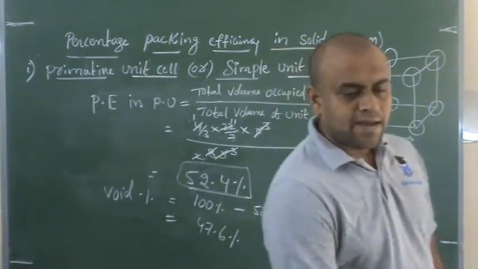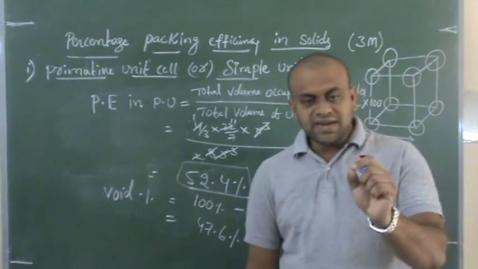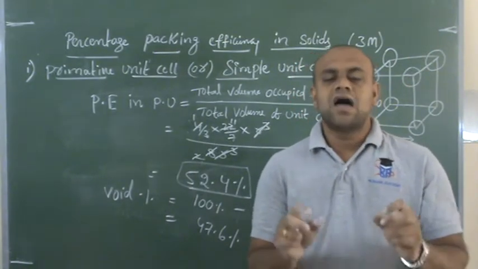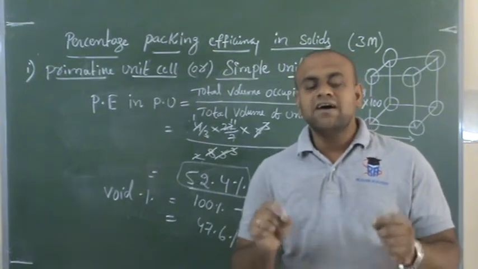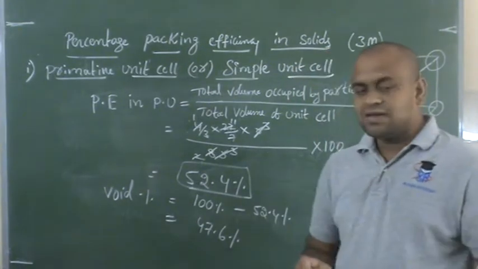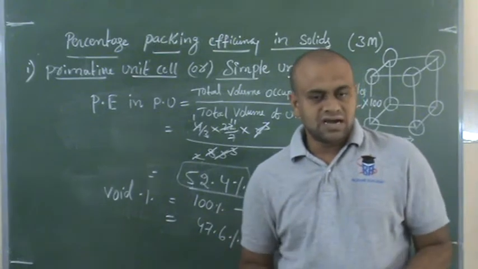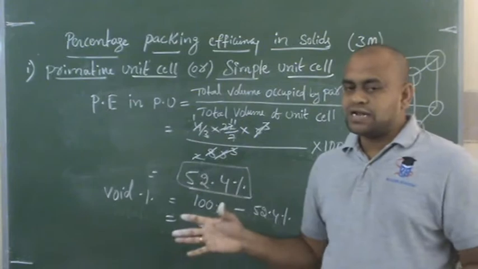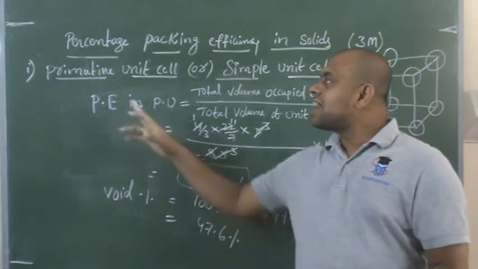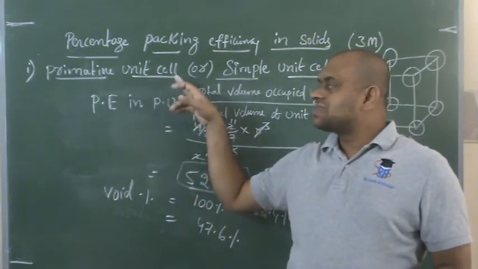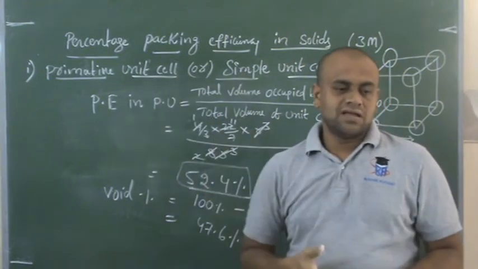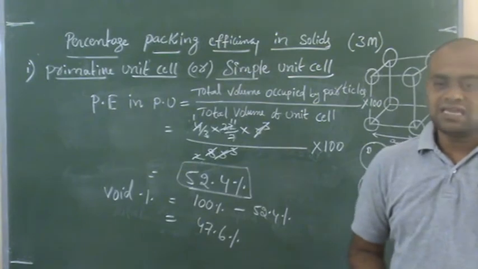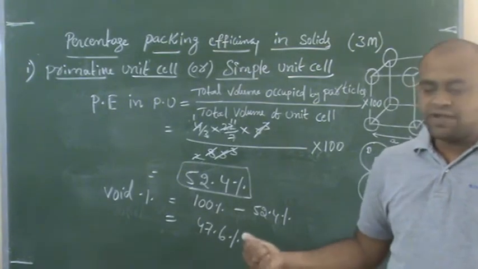That means in a primitive unit cell, 52.4% is filled with particles and 47.6% is empty. Understood? So any doubts here? This is very, very important. So today we calculated the packing efficiency in primitive unit cell. If you finish this, I'll go for the next unit cell, that is FCC. Have a note of it.